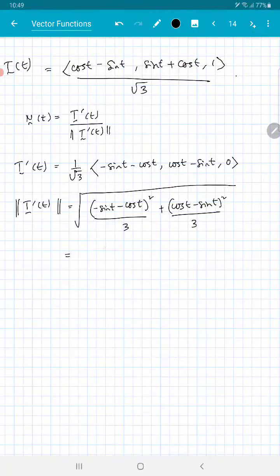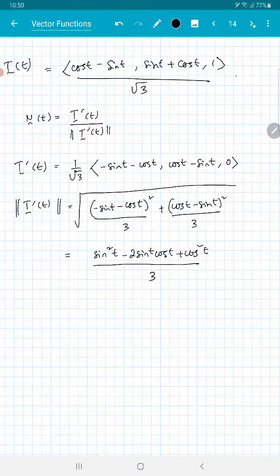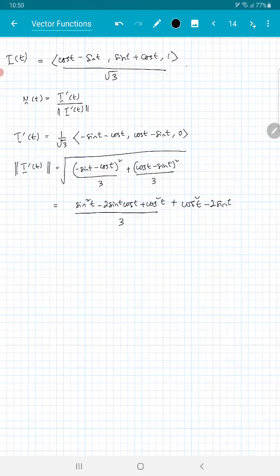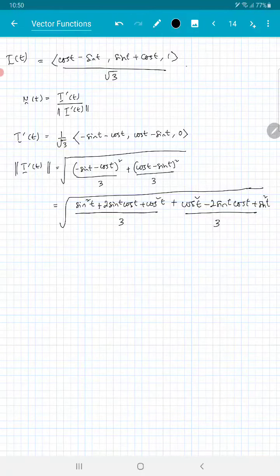Now simplify this. We get sine squared t minus 2 sine t cos t plus cos squared t over 3. The second term is cos squared t plus 2 sine t cos t... wait, this one is minus, sorry: cos squared t minus 2 sine t cos t plus sine squared t over 3, and of course we have a square root there.